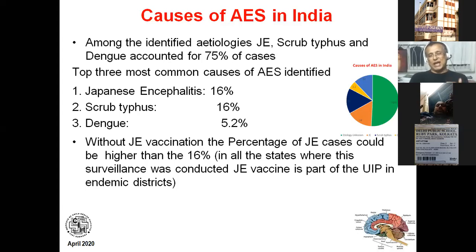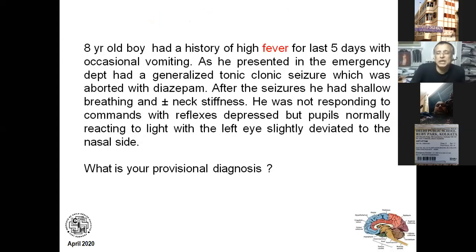But because the surveillance was conducted in those states where the Japanese encephalitis vaccine was given, the number of cases of Japanese encephalitis was a little bit lower. But if you take the whole country as a whole, it will be much higher than scrub typhus. So with this introduction, I'll go to my case.